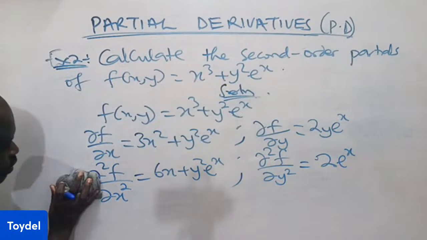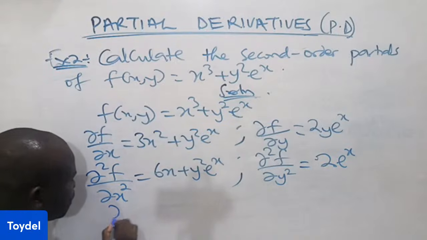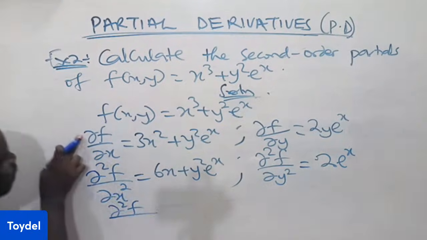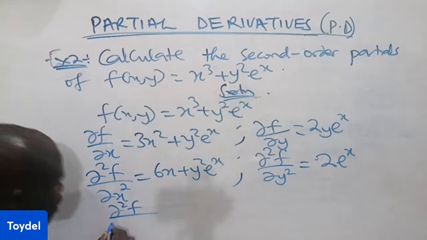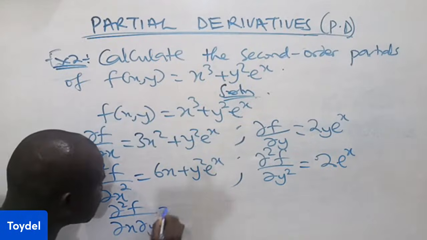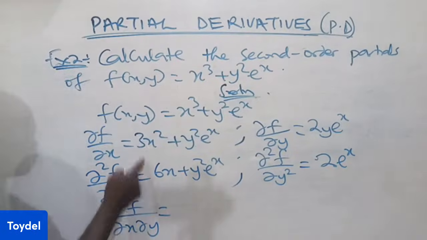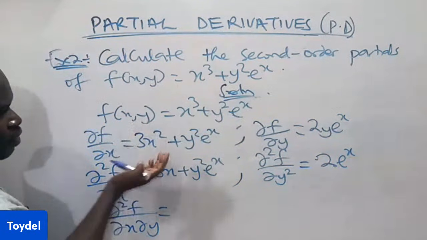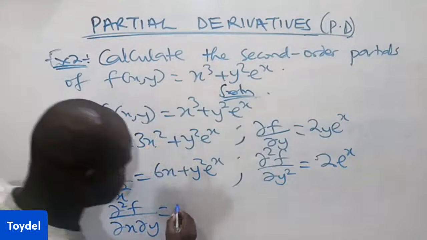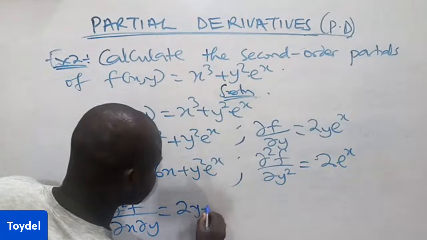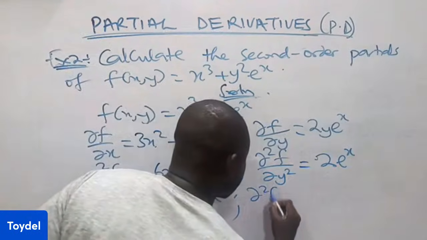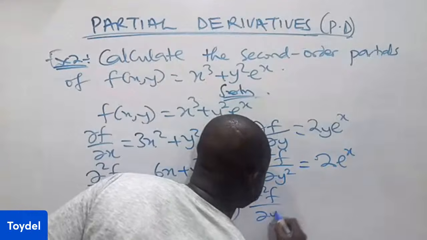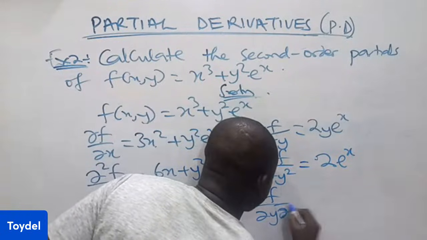Let me just clean this. Oh, I can write it here. We have the second partial of f over dy dx. We've differentiated f with respect to x. Now let's differentiate a second time with respect to y. That is, we differentiate this result with respect to y. Of course, this first term does not contain y, so we are silent about it. We go to this place. This will be 2y e^x. Then let's come to the second partial of f over dx dy.